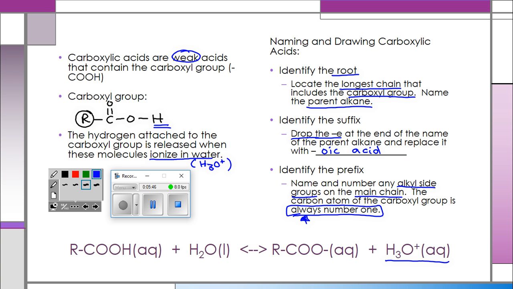It's impossible that it's not the first carbon in the chain, because what's on the other side of it? Oxygens. If I'm going to start counting carbons, it will be the first one I count. I want to start counting closest to the carboxyl group. Well, it is the carboxyl group. So wherever the carboxyl group is, that's carbon number 1 all the time. Does anyone want to ask anything about the rules there?